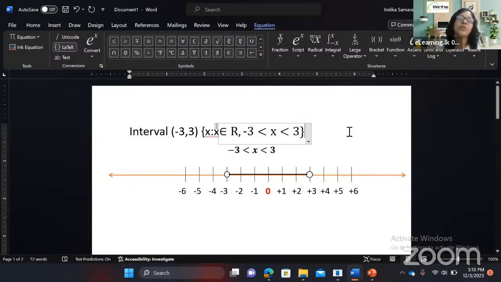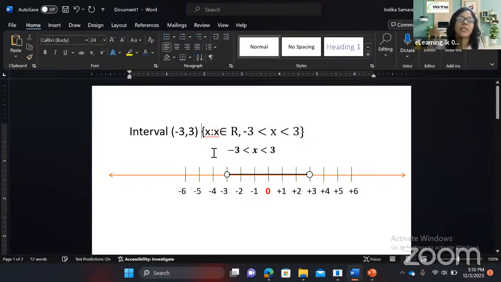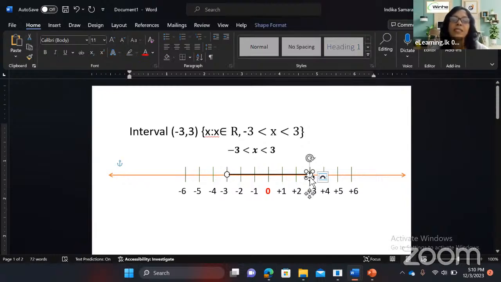This is how we should represent it in set notation, right? So if you represent it on the number line, you have to keep in mind that if there is no equal sign, then the point you are marking at the margin should not be colored.